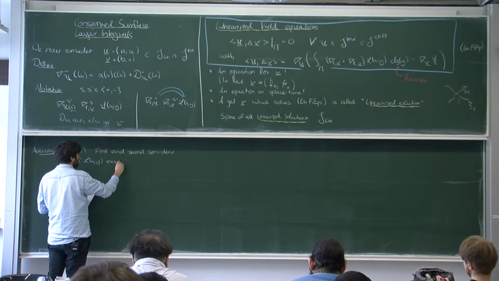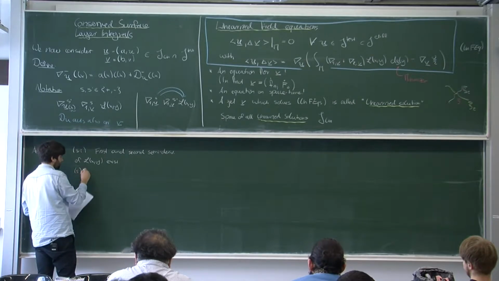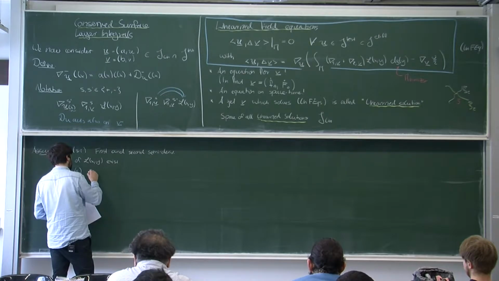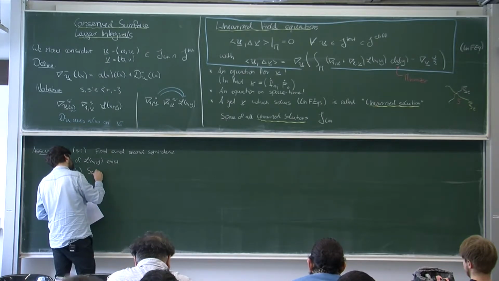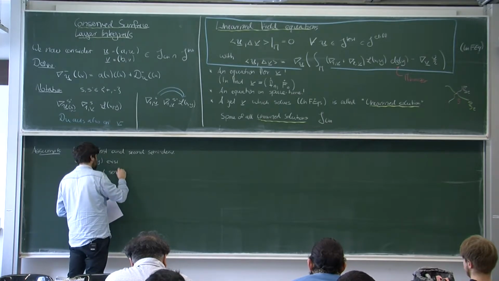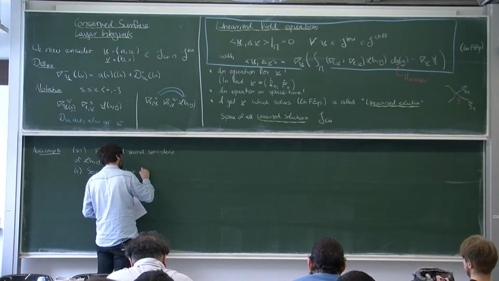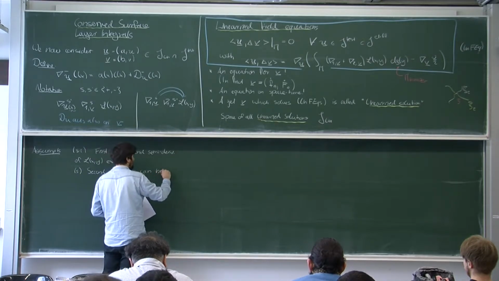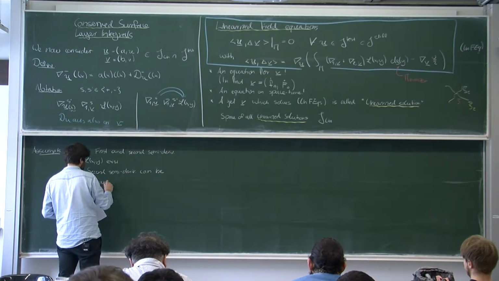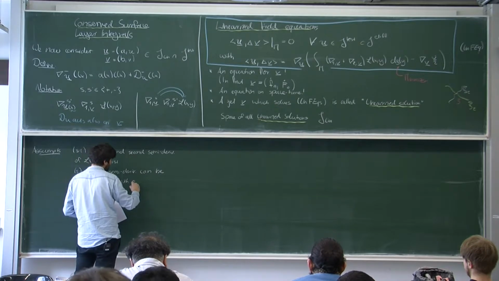That's the first assumption which I need. The second assumption is that second semiderivatives can be interchanged with rho integration. So the semiderivative can be exchanged with rho integration.